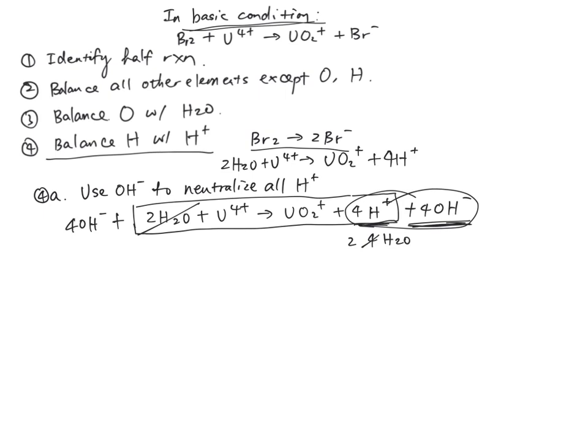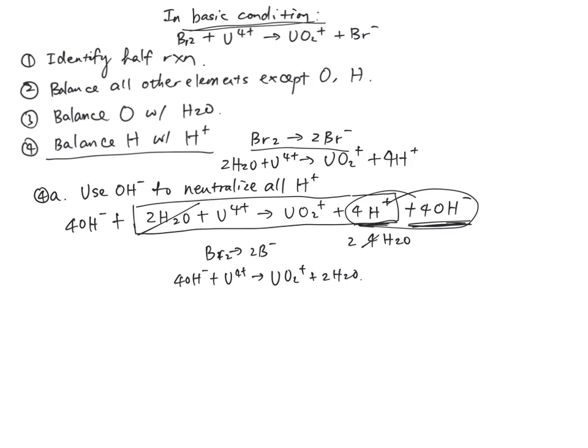Okay, so now your new basic condition balanced half reaction is going to be Br2, 2Br negative, 4 hydroxide, U4 plus, UO2 plus, and 2 water.